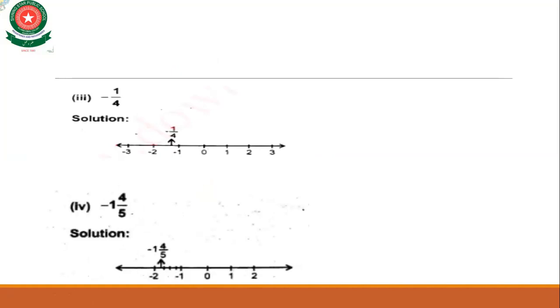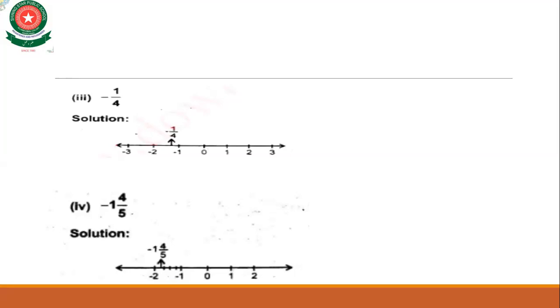Same as we have done in our last 2 questions. First of all, we have to draw a number line from minus 3 to positive 3. Then we have to simplify the expression 1 by 4. When you simplify it, it will be 0.1 something. So we have to put it between minus 1 and minus 2.